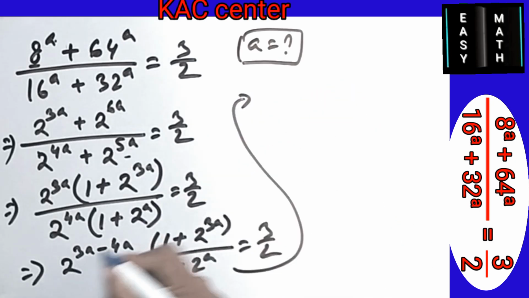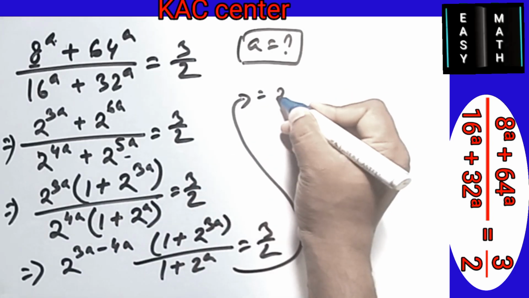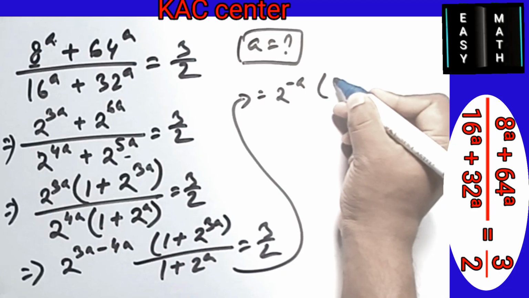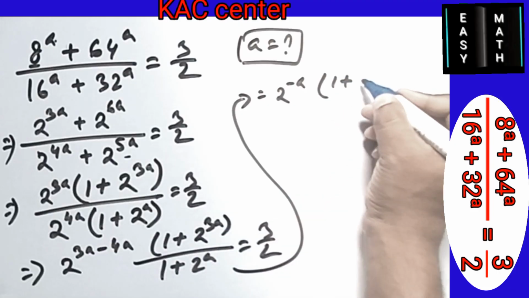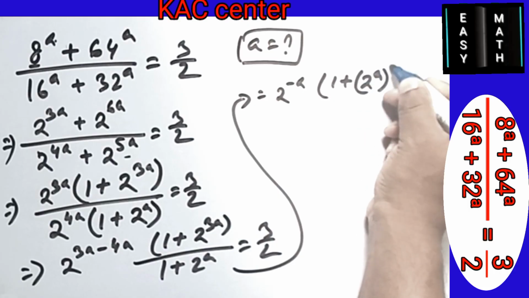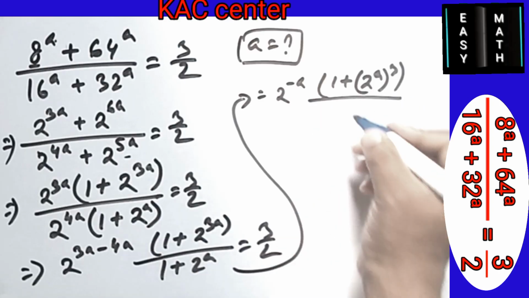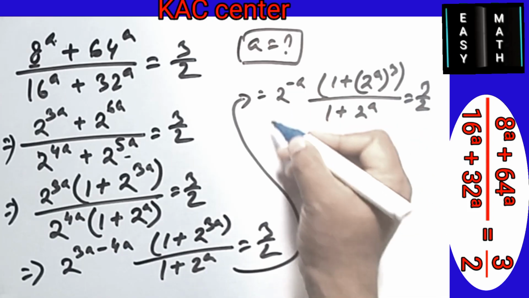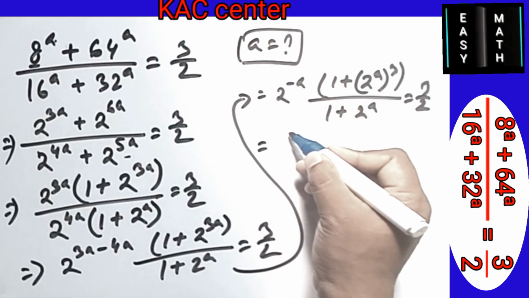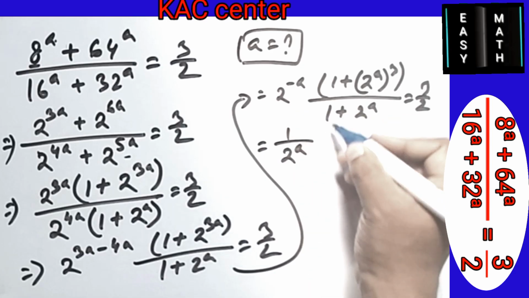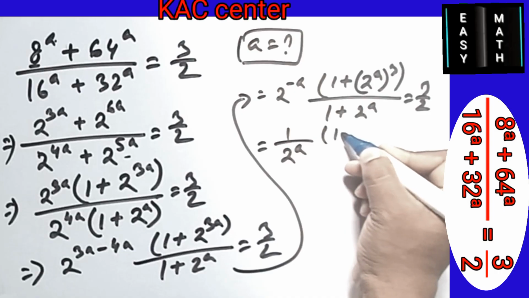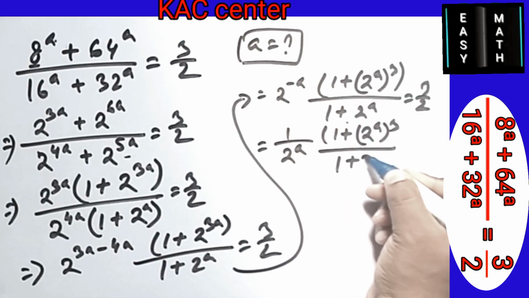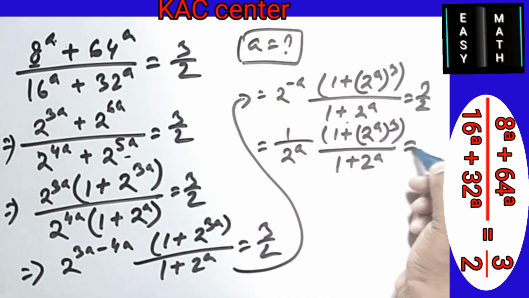So here we can write 2 to the power minus a, and 1 plus 2 to the power a, cubed, and 1 plus 2a, equals 3 by 2.